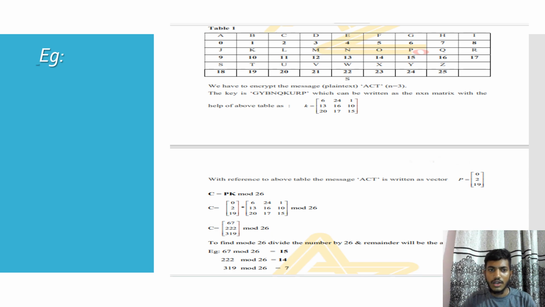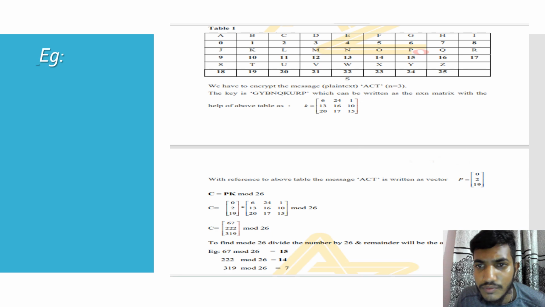Next, for example, we have given A, B, C up to Z, and they are given the values 0, 1, 2, 3, 4, 5, 6. So we have to encrypt the plain text message "act". n is equal to 3. The key is GYBNQKURP, which can be written as the n cross n matrix with the help of the above given table.